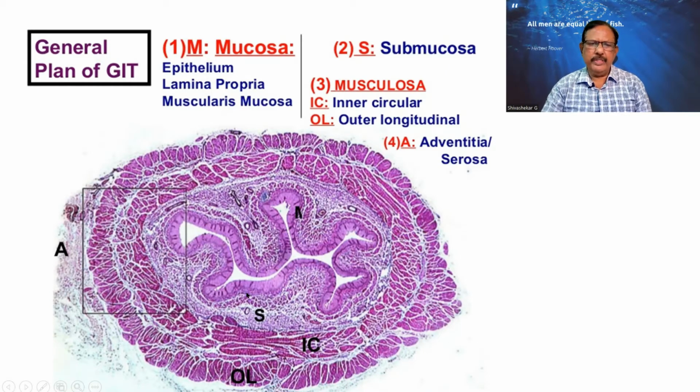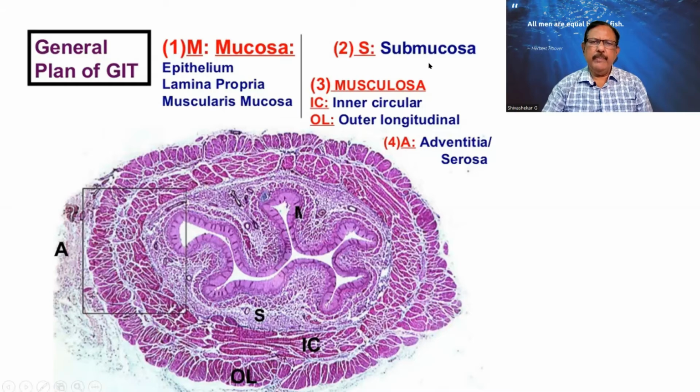So the innermost is the epithelium. Secondly, there is a lamina propria, which is supporting the epithelium. There will be a thin band of muscle, which is called the muscularis propria. So all these come under the mucosa: epithelium, lamina propria, muscularis mucosa.